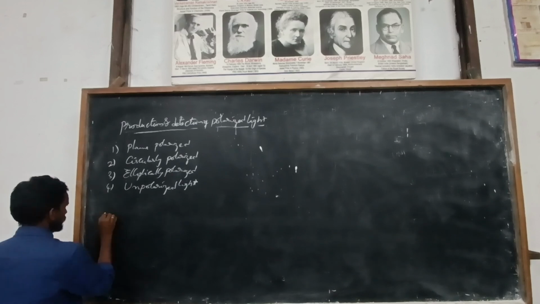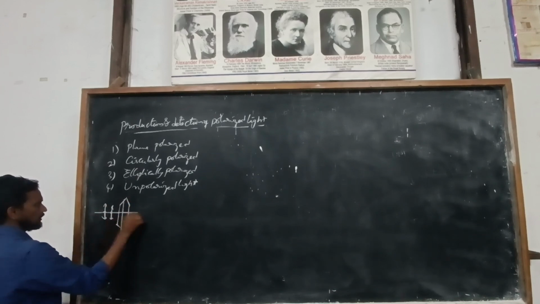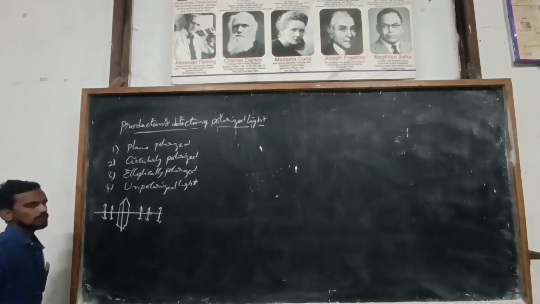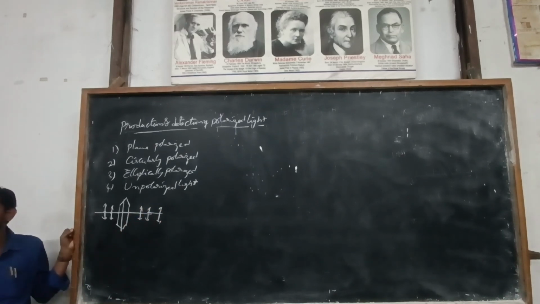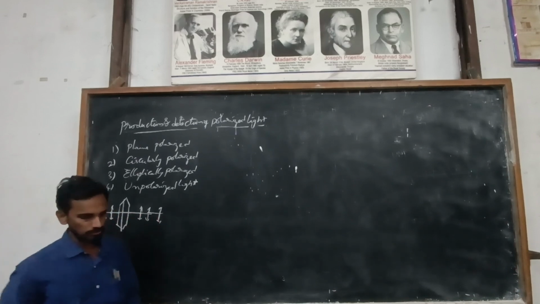So plane polarized light we have seen already: when light passes through any optically active crystal, light is polarized along the optic axis. The oscillations along the optic axis only will be passed through.